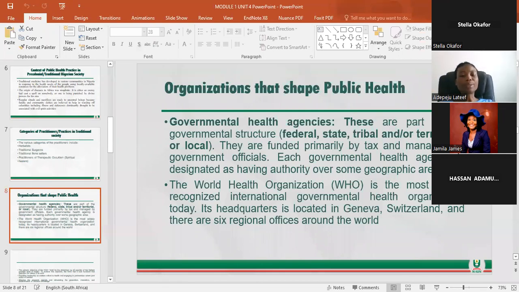And we know that this international governmental health agency or body looks after all the countries, and their headquarters is located in Geneva, in Switzerland, and they have 6 regional offices around the world.